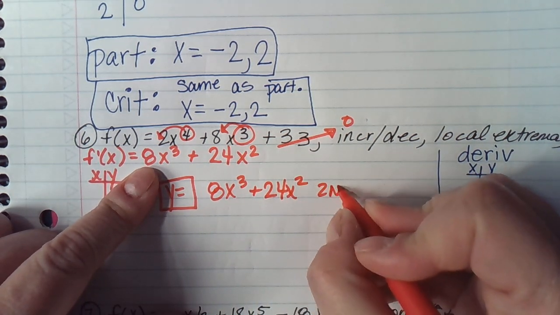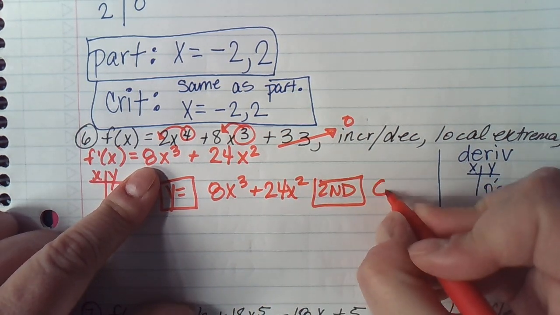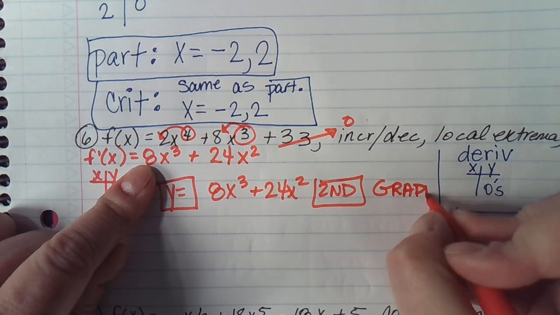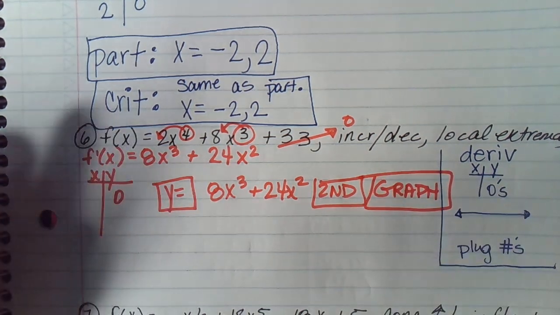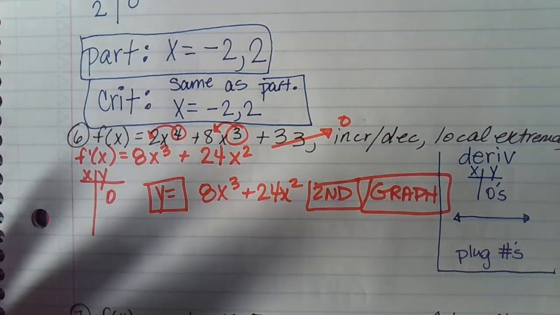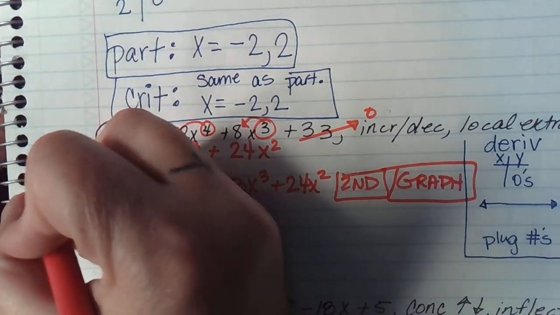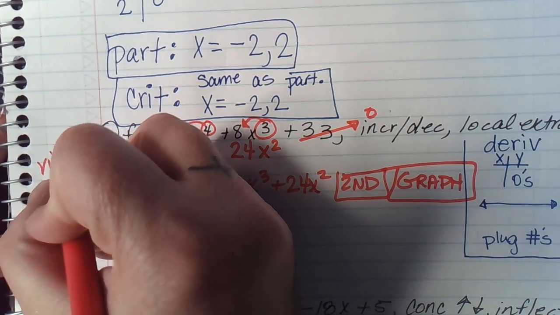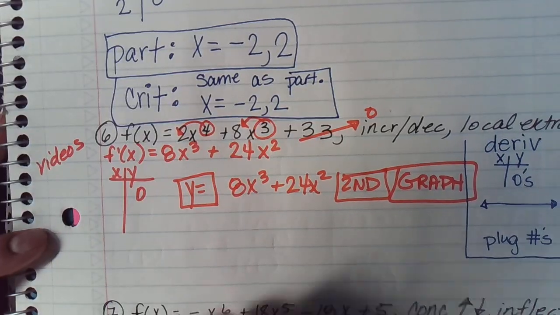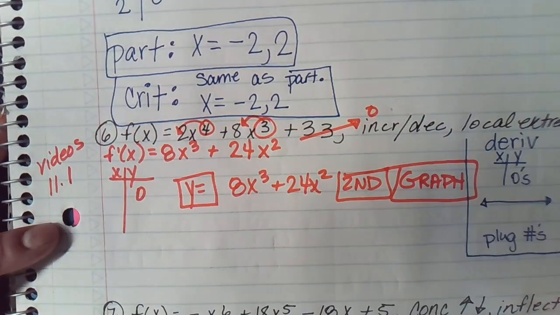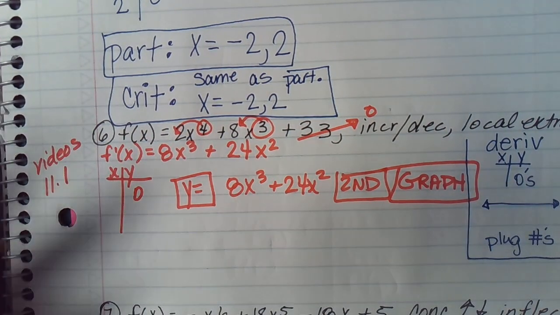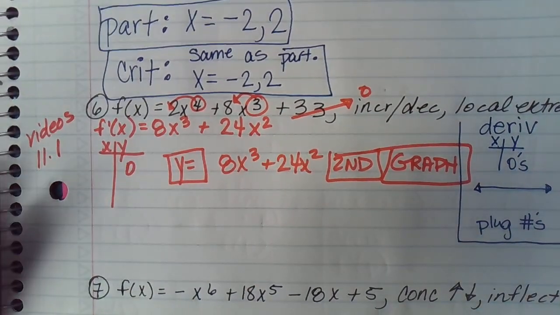Then I'm going to go to second graph. If you're wondering how to do this by hand without a calculator, you can go back and look at the videos for, what section would this be, 11.1. It should tell you how to do them by hand. Either way, let's type this in.